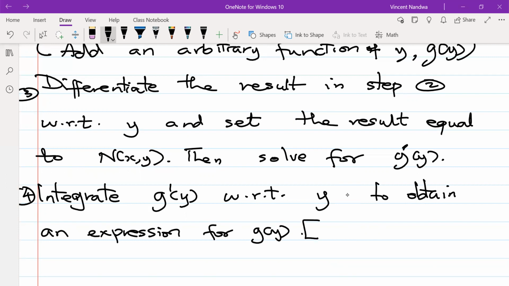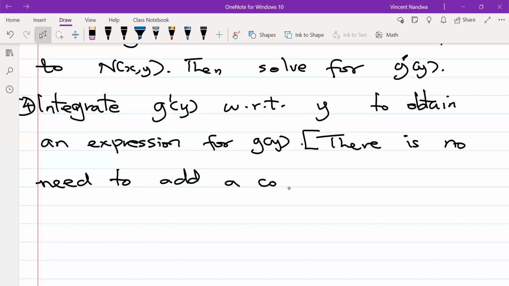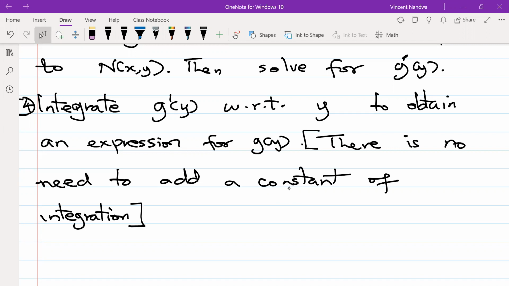In this case, you don't have to add a constant of integration. So we are only interested in the function itself, g of y.